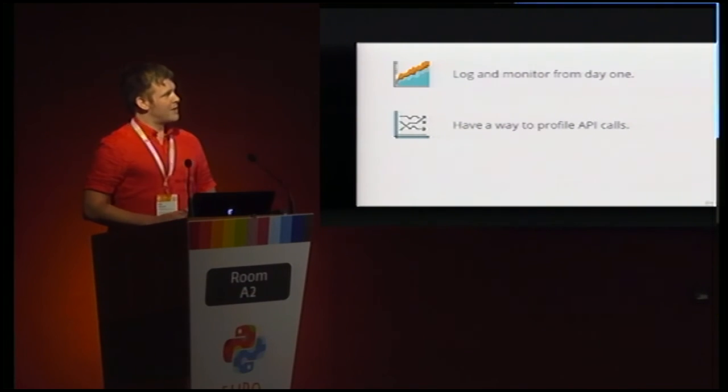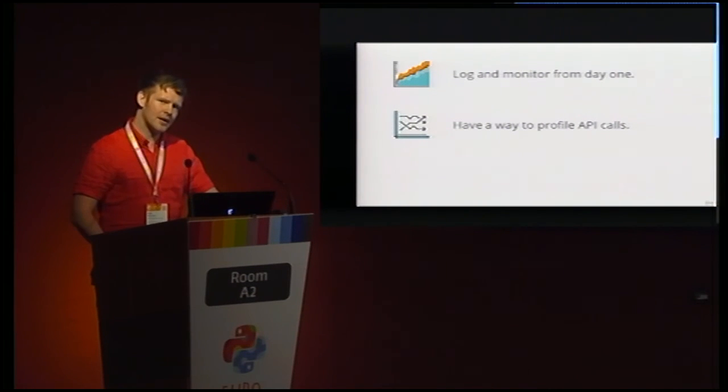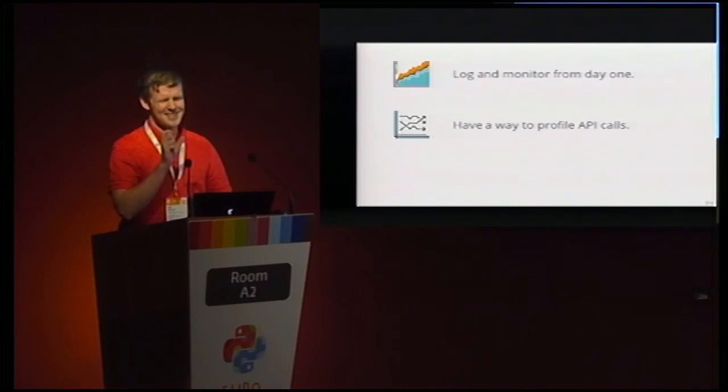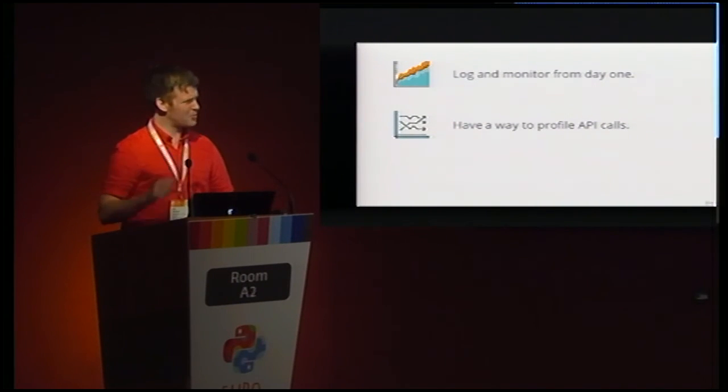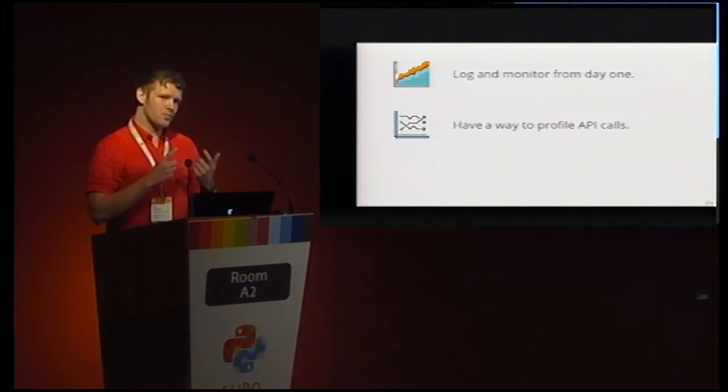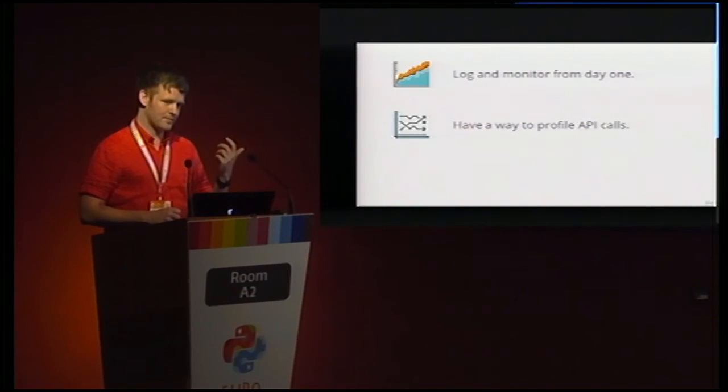Have a way to profile your API calls. We ended up using SQLAlchemy as an ORM. It's great, and I love it 95% of the time. But every now and then you have this little innocent line of Python code that causes some really weird query. And having a way to profile both code and database queries is great. We have the concept that our super users, ourselves only, can append $profile=1 to any API call in the query string.